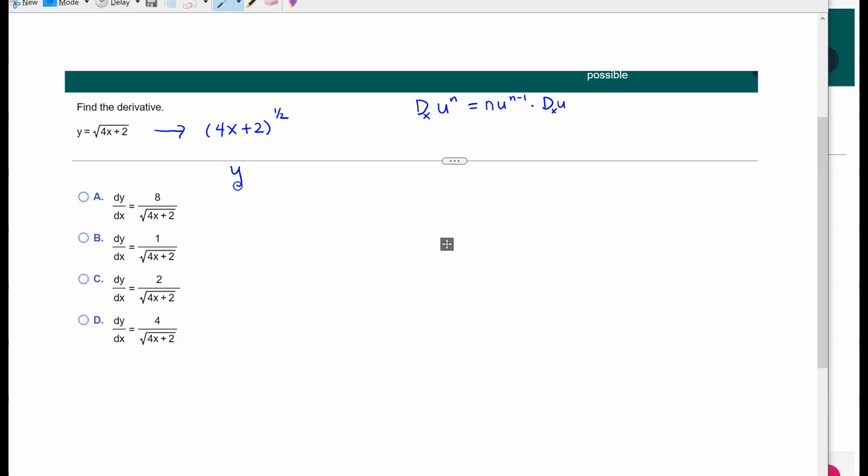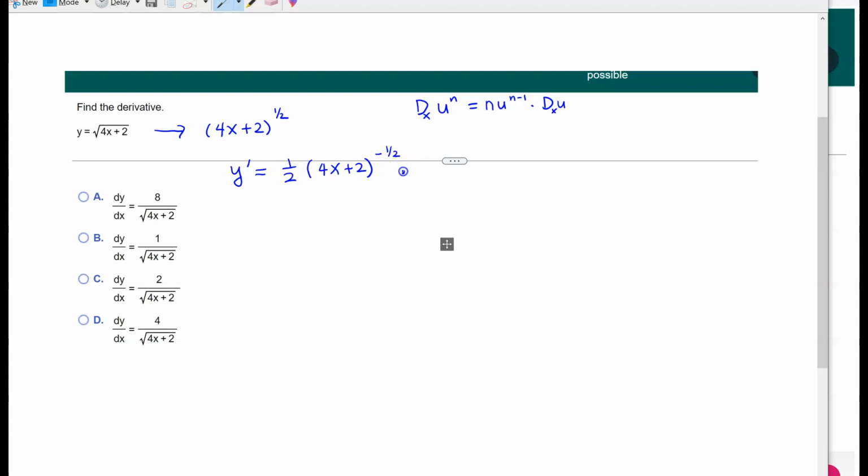So we have y prime or dy/dx is just equal to 1/2, that is your n, the power, times 4x plus 2 raised to 1/2 minus 1. 1/2 minus 1 is equal to negative 1/2.